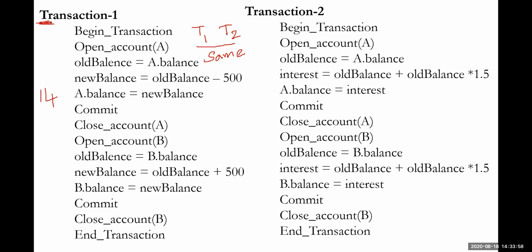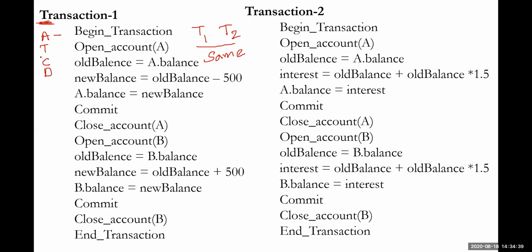Atomicity has been followed, isolation has been followed, consistency has been followed, and then durability is also followed. Let me explain how these 4 get followed here. Since 14 instructions are there, all these instructions have been executed sequentially without taking another instruction during the execution of this one. So atomicity has been followed.